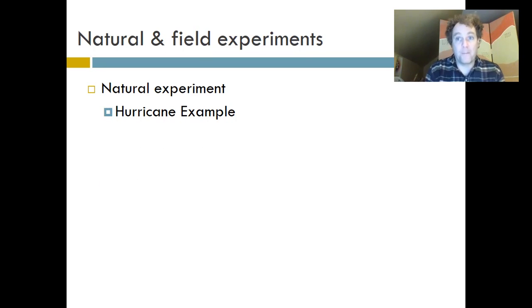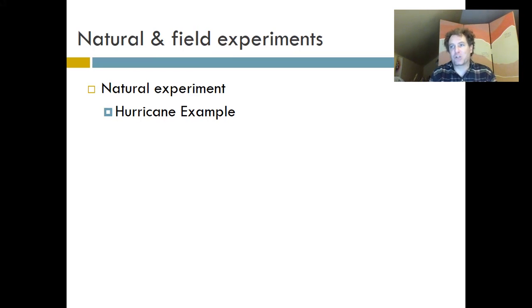By having the experiment run out in society, you get past the problem of whether the lab reflects the external world. There are two ways you can run an experiment out in society. The first is a natural experiment.